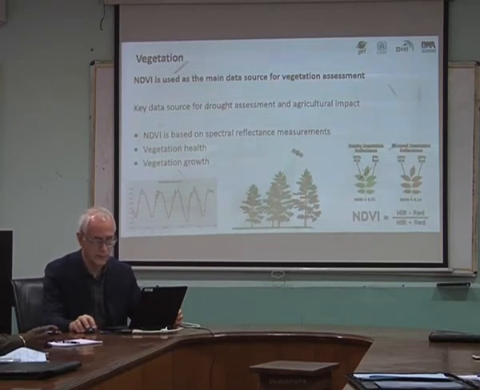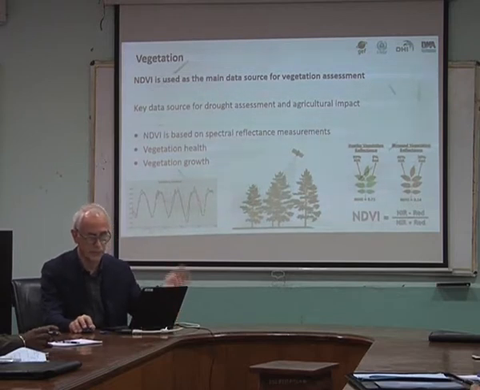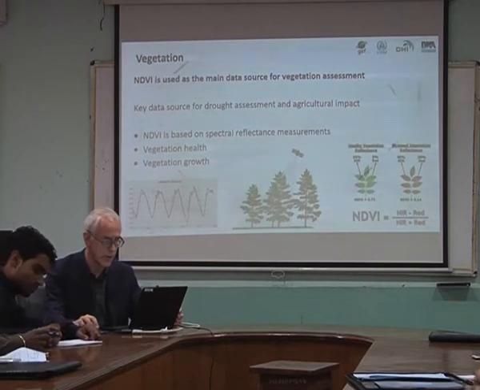If it's 50% near and only 8% red, then it's a rather good condition. If you have like 40% near and 30% red, then it's not so good. Right? And this is stressed vegetation. So the NDVI is based on these reflection calculations and gives an indication of the health and the growth of the vegetation.